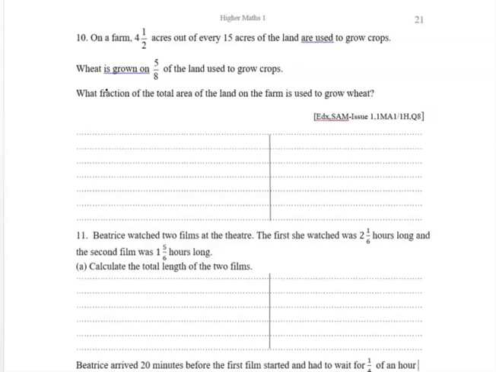2 over 7. So what they've done here is complicated a tiny bit, but you can make it simpler by turning it into 4.5 over 15. If they said 4 acres out of every 15, it would be obvious, and you would write 4 over 15, but because you have a mixed number, it's quite confusing.